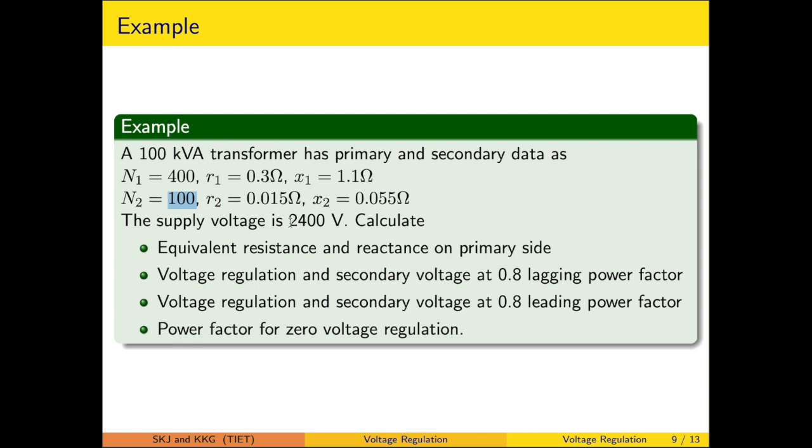The supply voltage is 2400 volt, and we are interested in calculating the equivalent resistance and reactance referred to the primary side, the voltage regulation at 0.8 lagging power factor, the voltage regulation at 0.8 leading power factor, and then finding the power factor for zero voltage regulation.